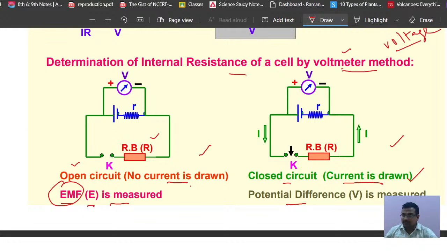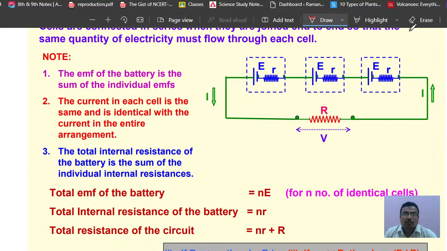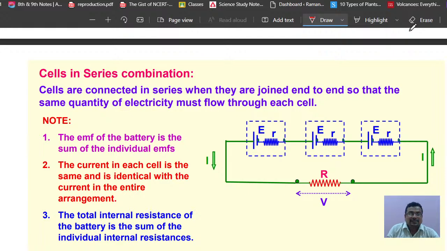Hope you understand. Now move ahead to the topic of cells in series combination. My dear friends, when current is not there in an office, bank or anywhere, at that time we use an inverter, generator, or we use a battery. So what do you mean by battery?